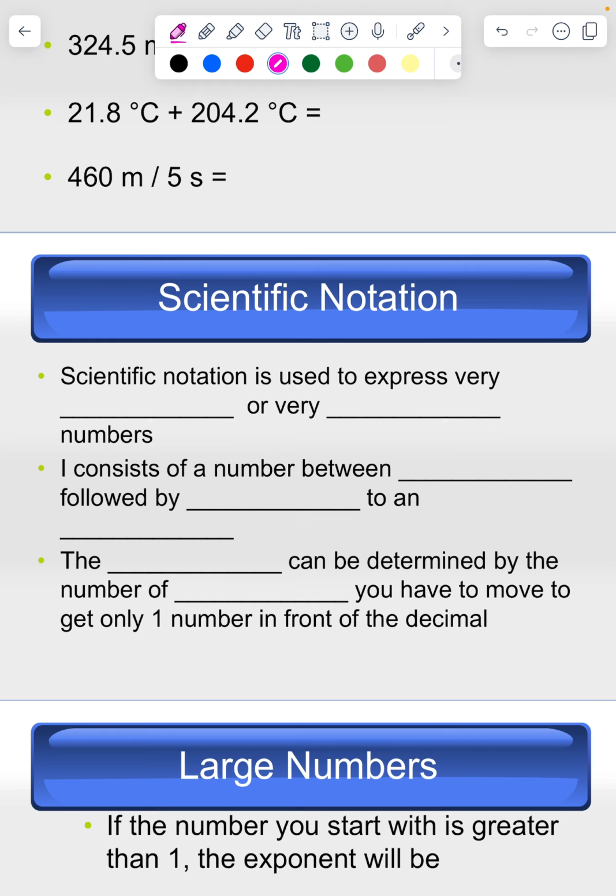All right, so we use scientific notation to express very large or very small numbers. Like last year, when we talked about Avogadro's number, we used 6.02 times 10 to the 23rd.